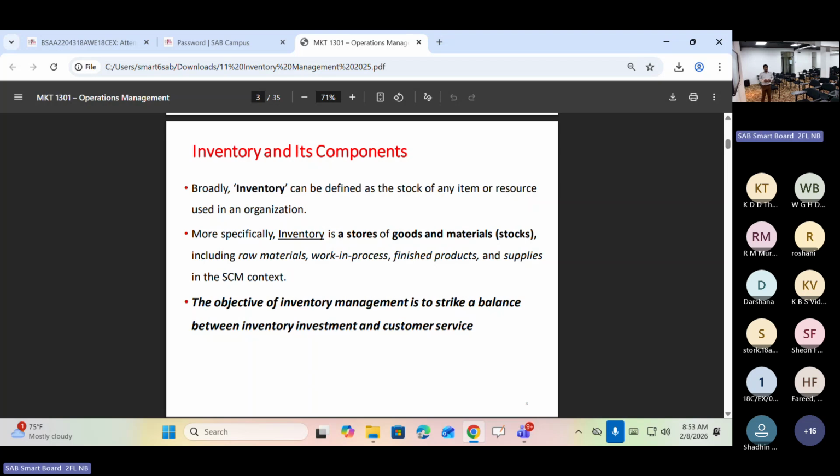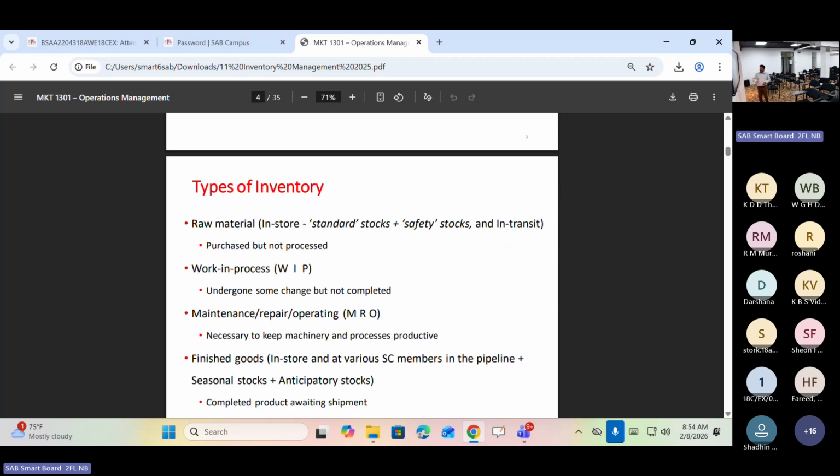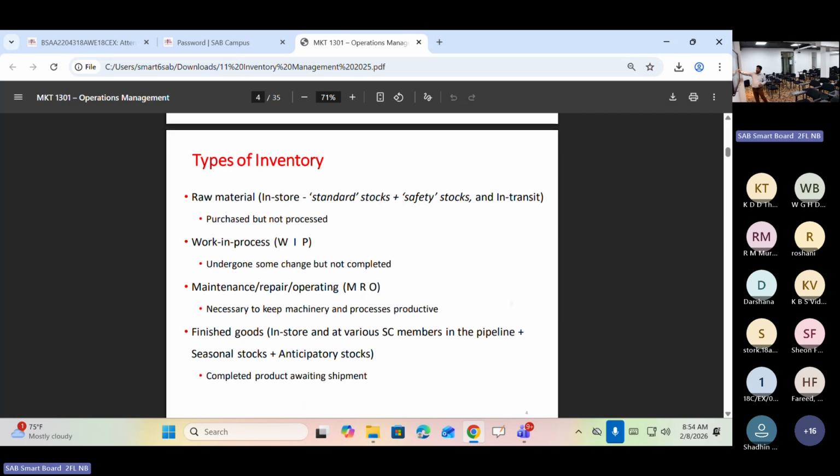And for that purpose, businesses manage inventories through various different techniques, methods, approaches, systems, which we consider as inventory management systems, approaches, and techniques. Right. So that is it. I hope you understand.